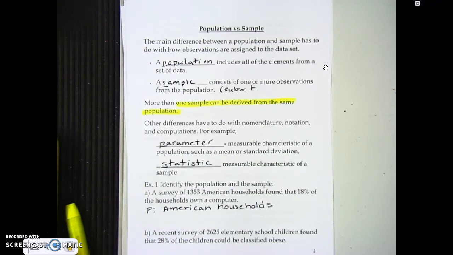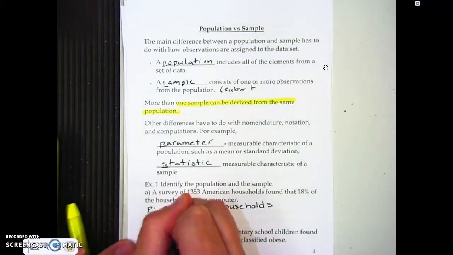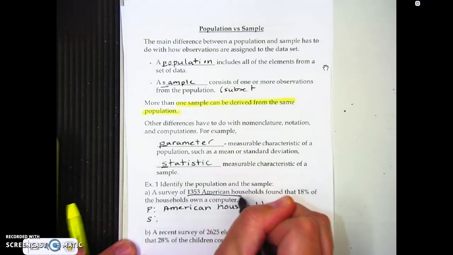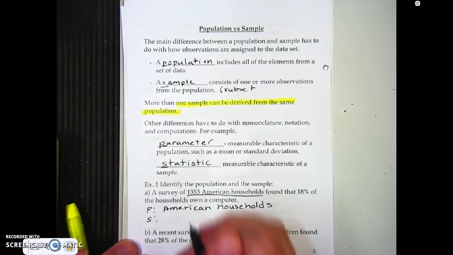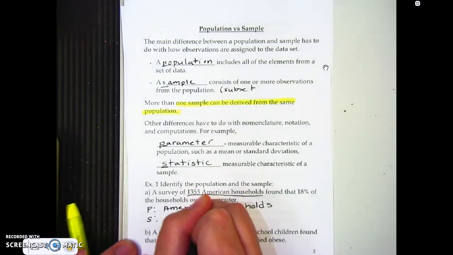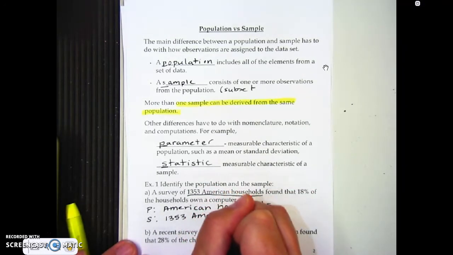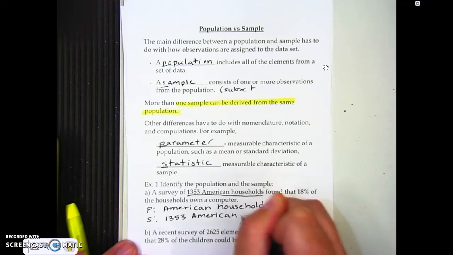Now the sample is the piece of the population we use to obtain that. So my sample in this case is 1,353 American households surveyed. So it's okay for me to write that down. Those are the sample. The number's okay, but giving the number alone wouldn't be enough.